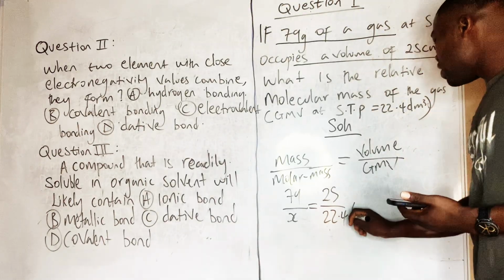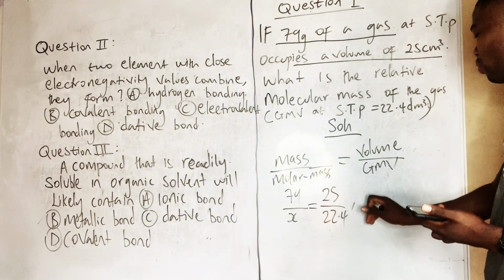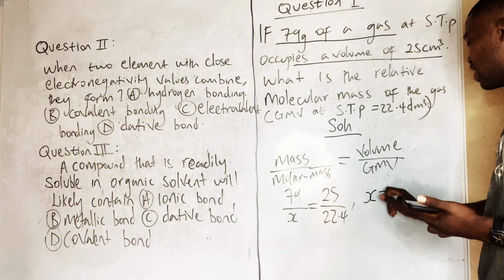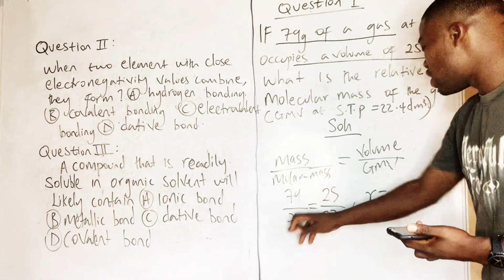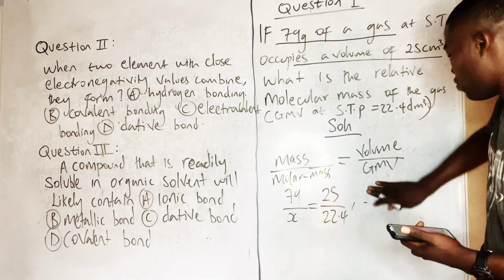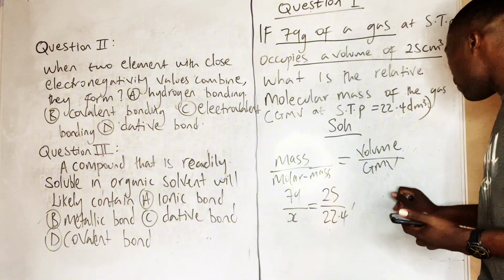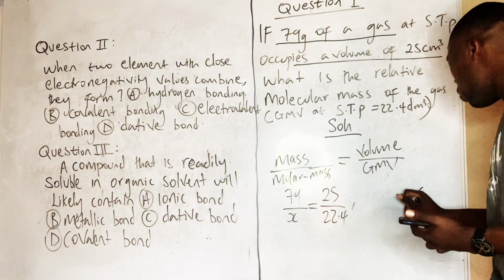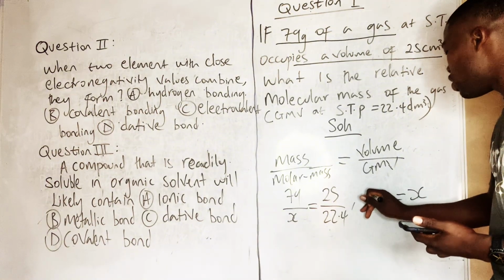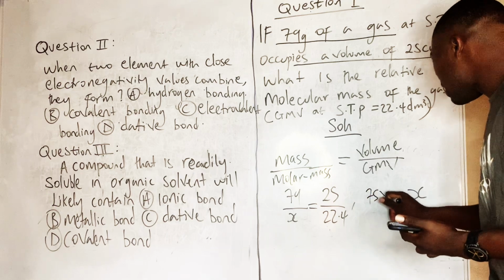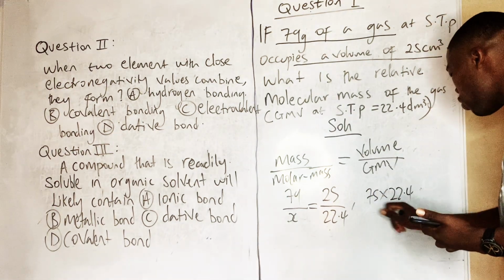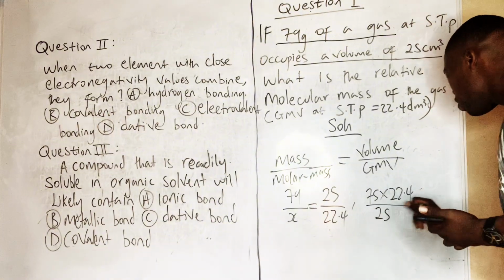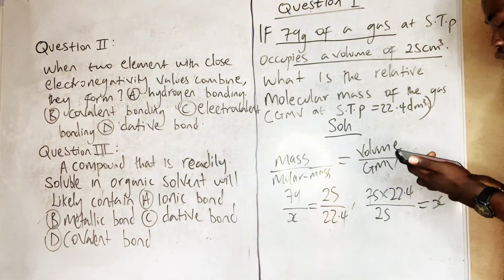At this point we're looking for x. Making x the subject of the formula by cross multiplying, x equals 79 times 22.4 all over 25. That will be the molar mass of the gas.